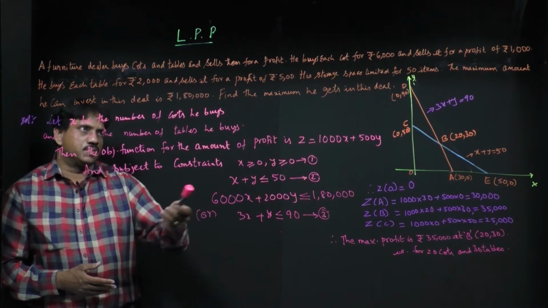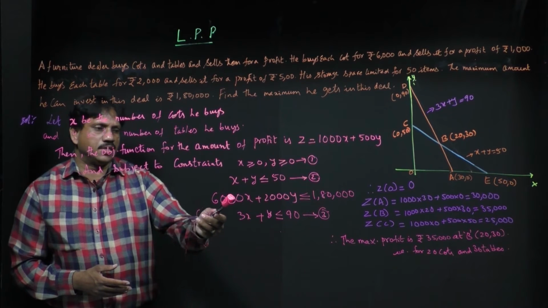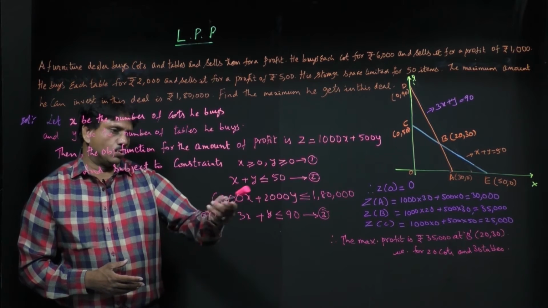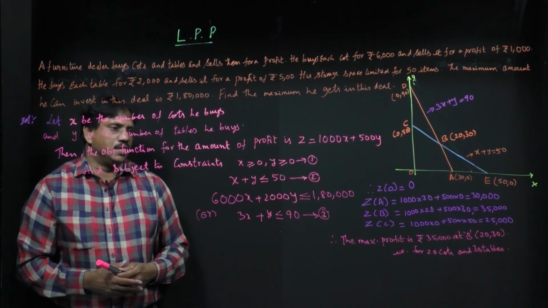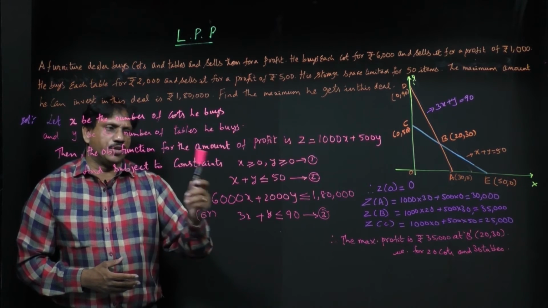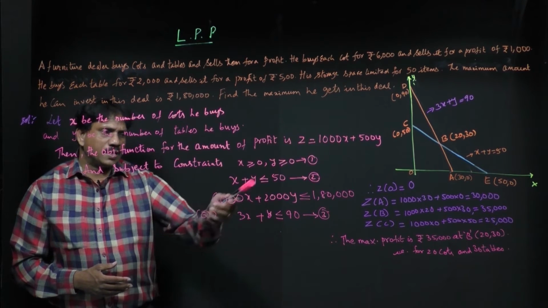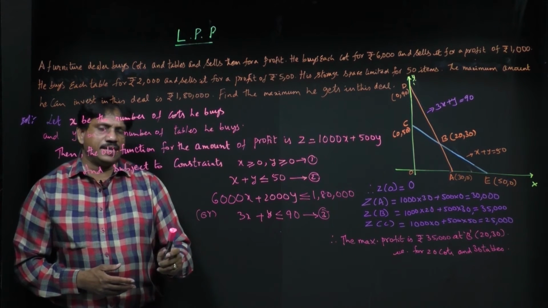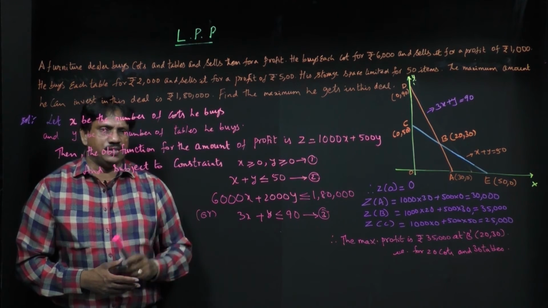Coming to the cost, 6,000 times X plus 2,000 times Y, the total investment must be less than or equal to 1,80,000. That is the maximum he can invest. Cancelling throughout by 2,000, you get the inequality 3x plus y less than or equal to 90.